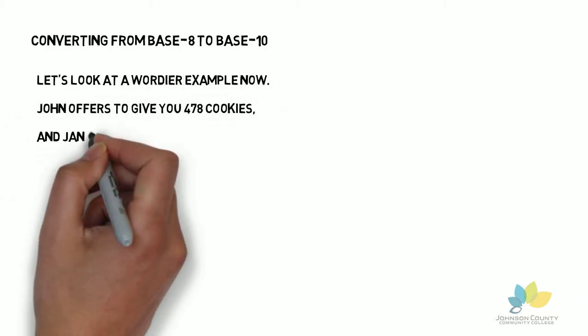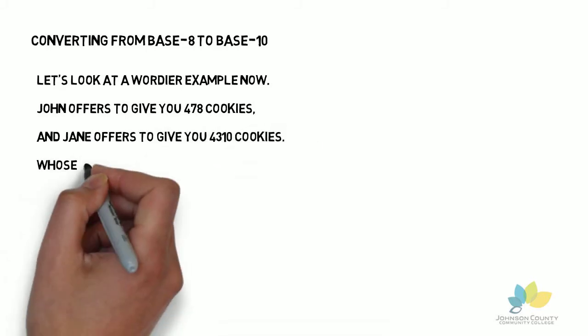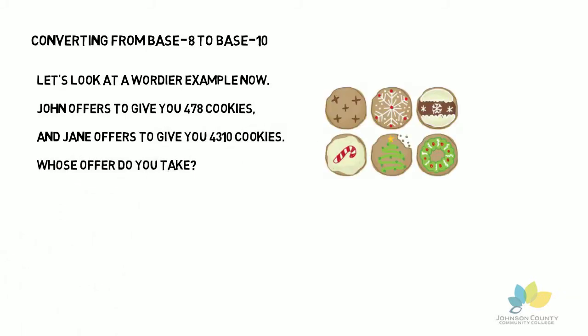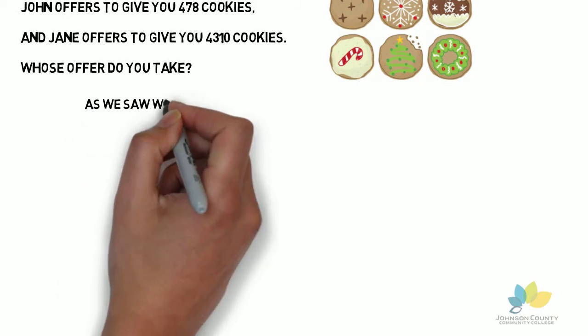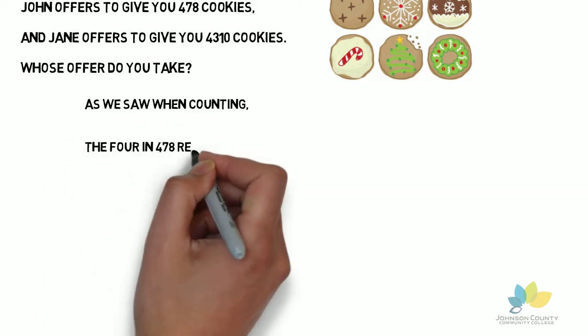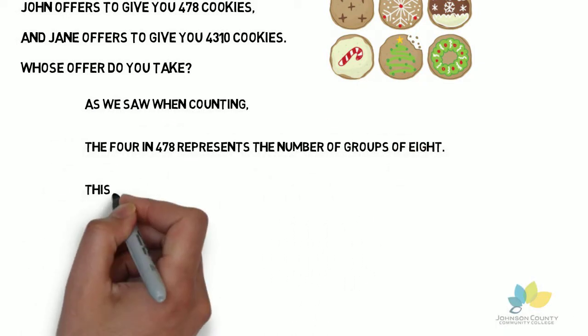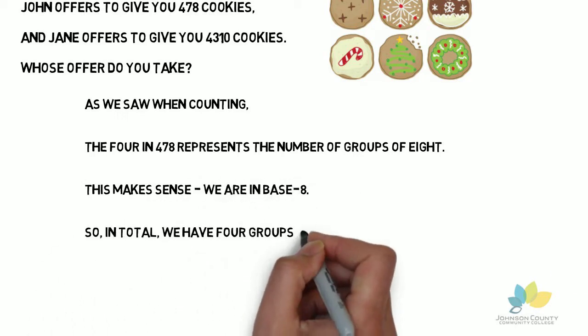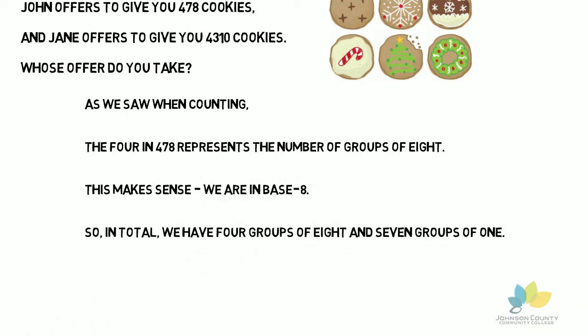Let's look at a wordier example now. John offers to give you 478 cookies. Jane offers to give you 4,310 cookies. Whose offer do you take? As we saw when counting, the 4 in 478 represents the number of groups of 8. This makes sense since we're in base 8. So in total, we have 4 groups of 8 and 7 groups of 1.